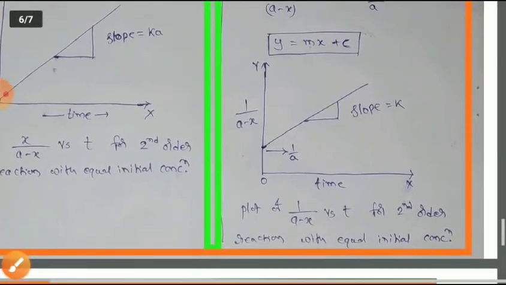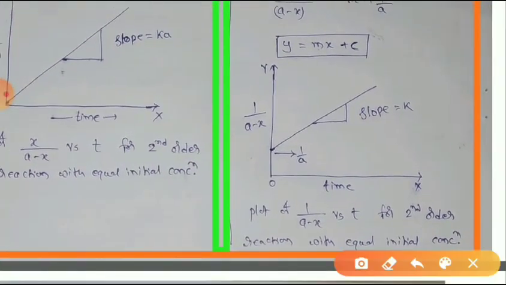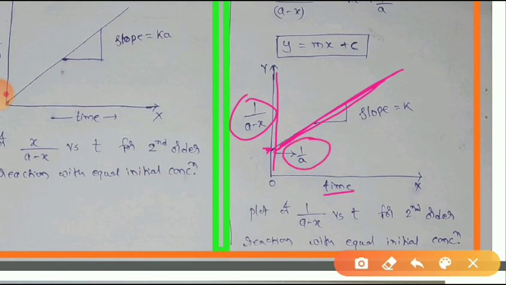If you plot the graph, on the x-axis we have taken the time, and on the y-axis 1 upon a minus x. We will get such a line, which intersects somewhere here on the y-axis. On the y-axis the value of t will always be 0, so putting t as 0 we get this intersection point.